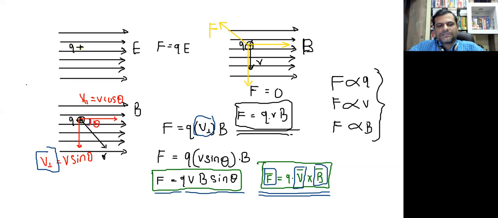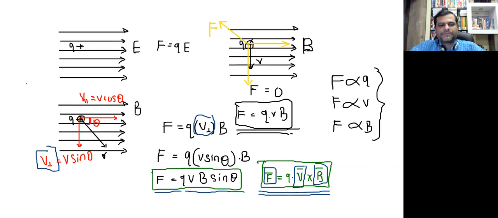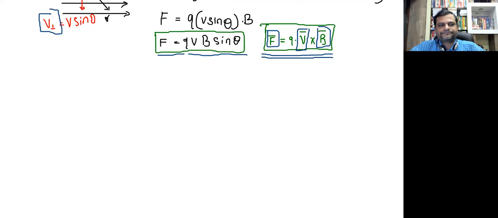Now understand one thing: it doesn't matter whether we resolve the velocity or the magnetic induction. We can also resolve the magnetic induction here. For example, suppose the particle is moving with some velocity in this direction, but the magnetic field in the space is at some angle.